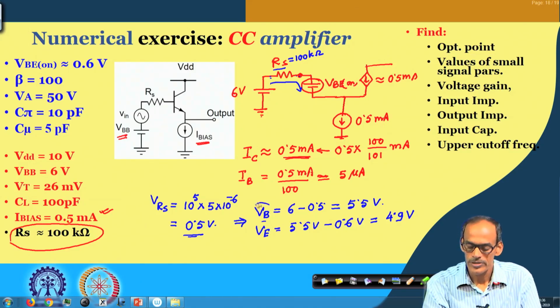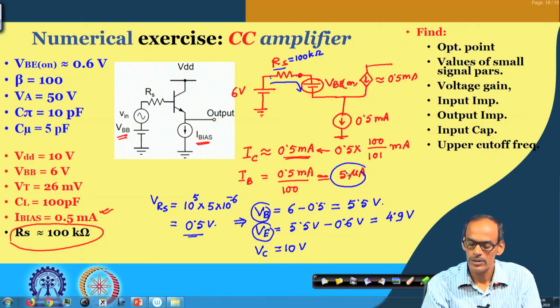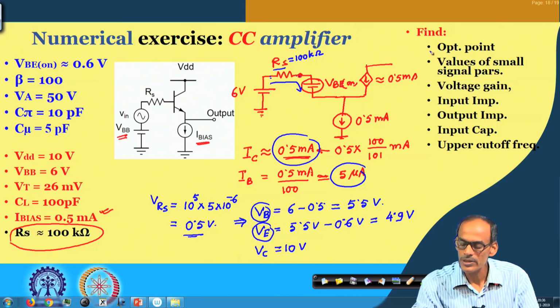So, we do have the base voltage, the emitter voltage, and the collector voltage, which anyway is 10 volt, and then the base current is here, and the collector current is also approximately this one. So, that gives us the operating point.